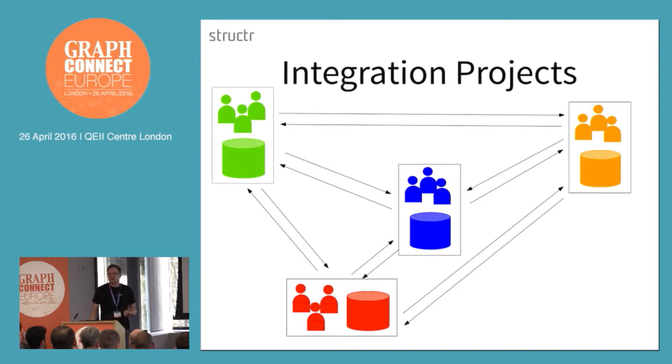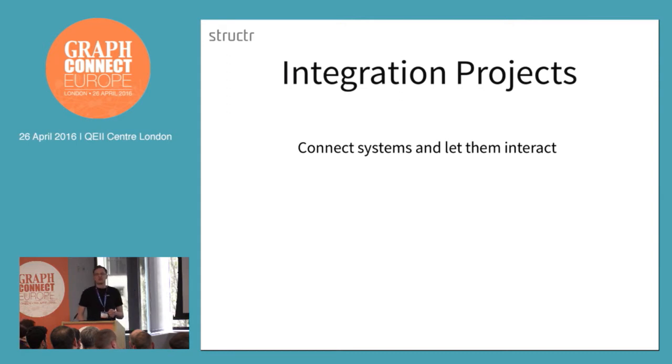So what do you do? You try to integrate the different IT systems or even Excel applications, and you create interfaces. What do you have to do to integrate the different IT systems? You want to connect the systems and let them interact automatically. You have to create interfaces between all the systems.